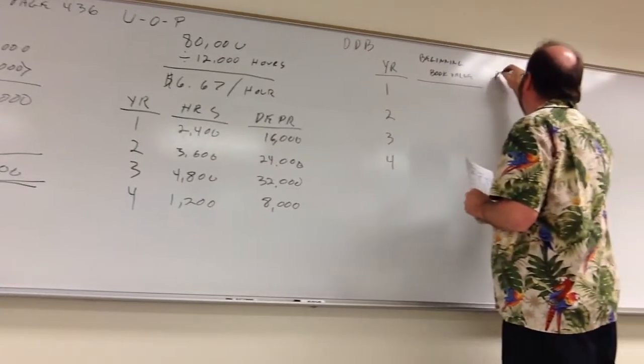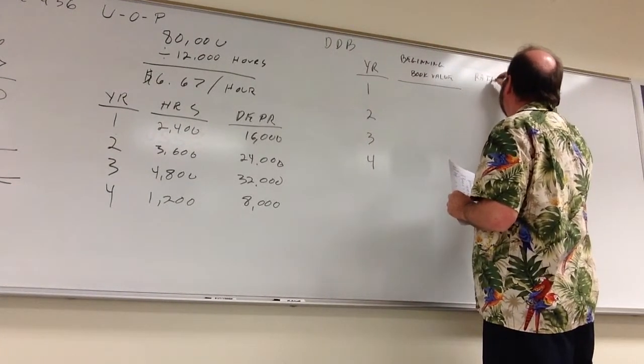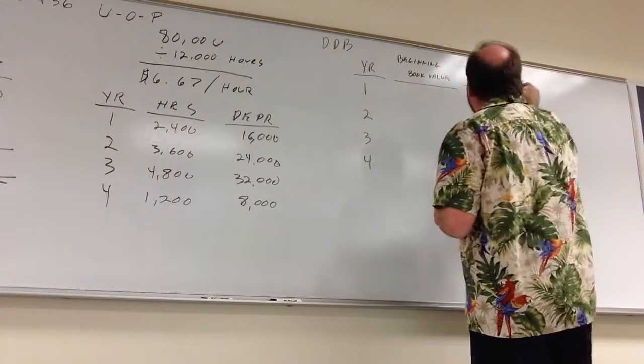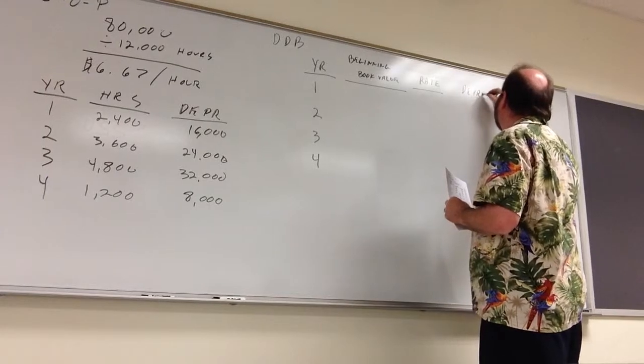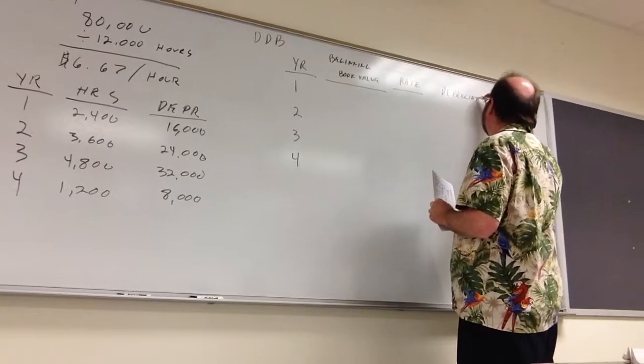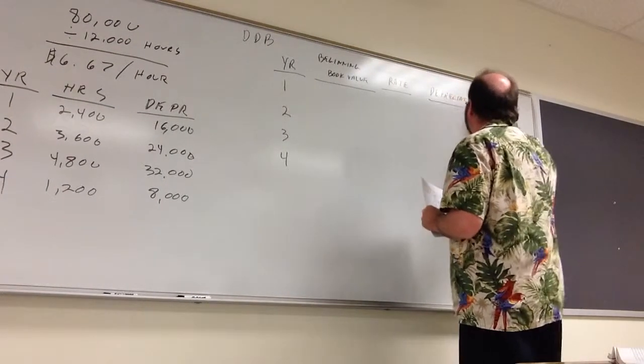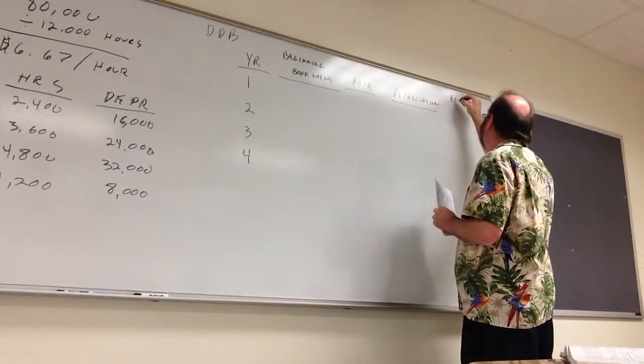You're going to multiply that by a rate, which we'll talk about in a second. That's going to give you the depreciation. And that leaves you ending book value.